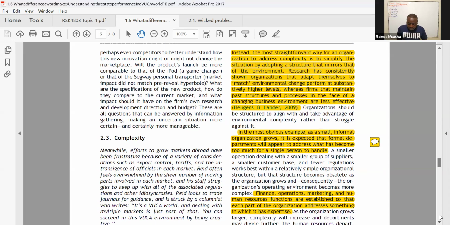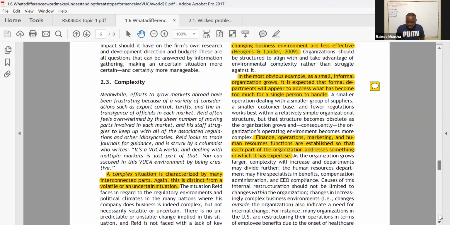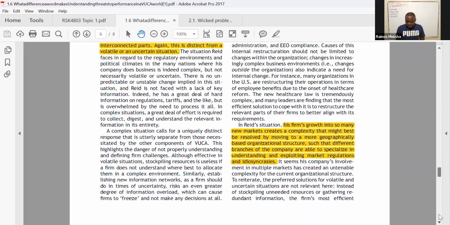In the most obvious example, as a small or informal organization grows, it is expected that formal departments will appear to address what has become too much for a single person to handle. So finance, operations, marketing, and human resources functions are established so that each part of the organization addresses something in which it has expertise.